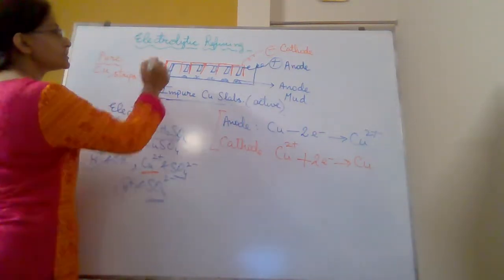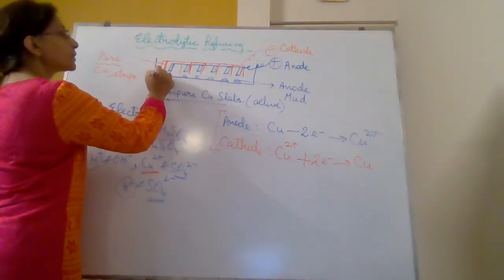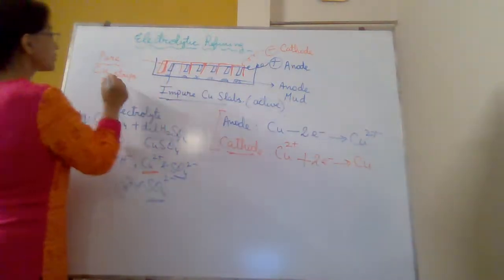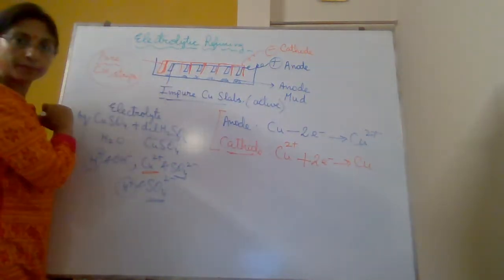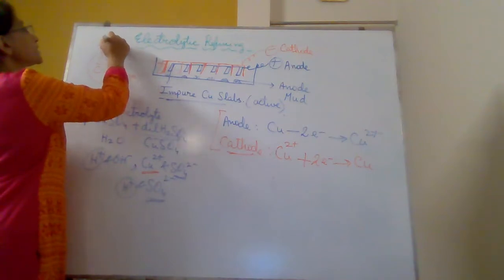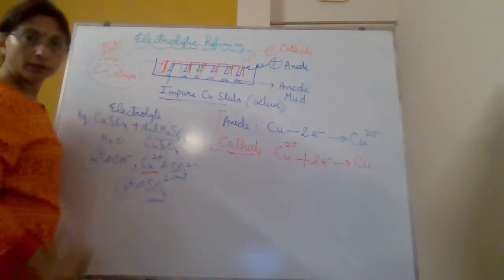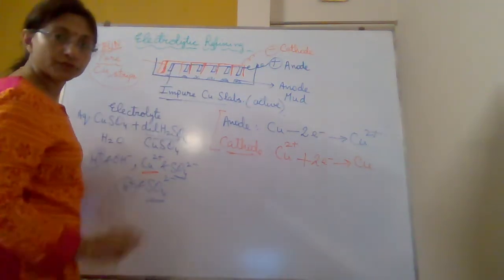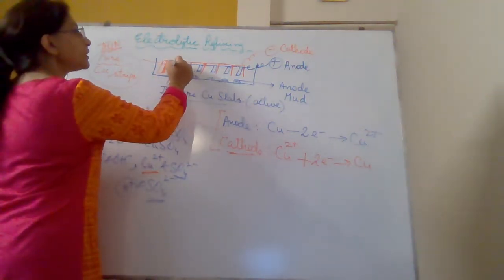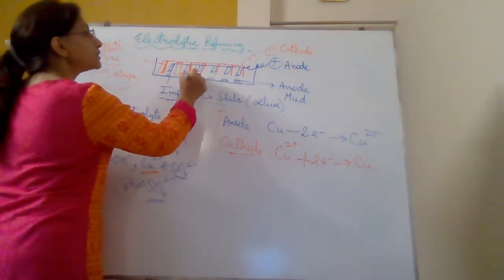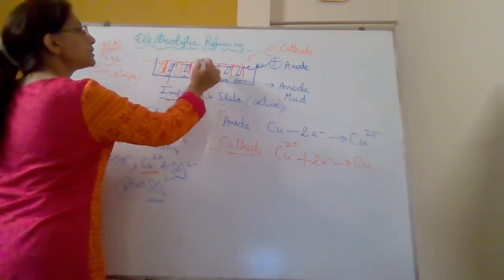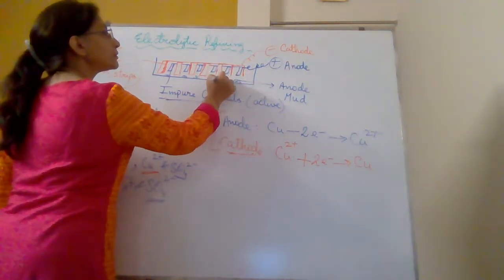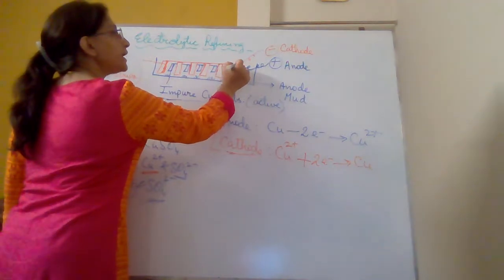After some time, we will see that gradually the cathode, what is the cathode here? The cathode is pure copper strips. Let me add one more word: thin pure copper strips. These pure copper strips, which were thin, will gradually become thick. They will increase in mass.